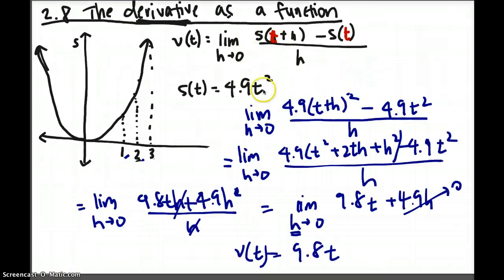I have plugged the s of t into the limit definition, simplified, cancelled, and I found the velocity function, the slope, the speed, to be 9.8t. So at t equals 1, t equals 2, t equals 3, as long as I plug it into here, it'll immediately give me the velocity at those points in time.